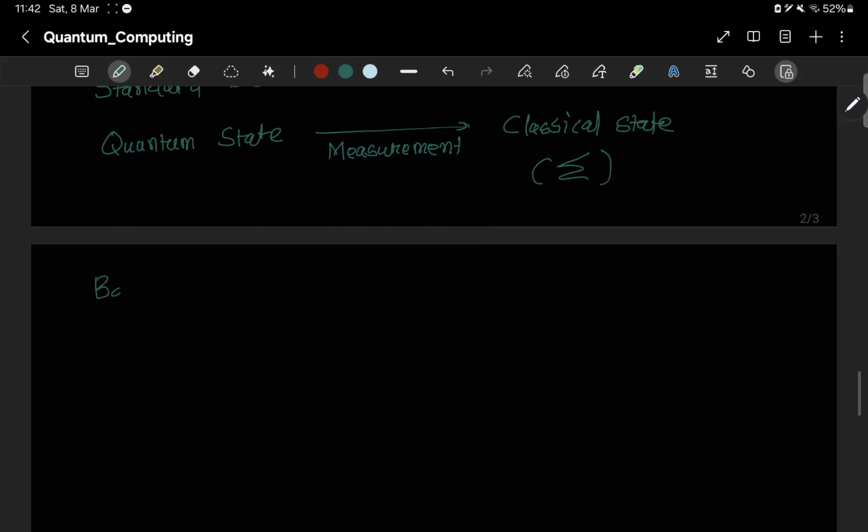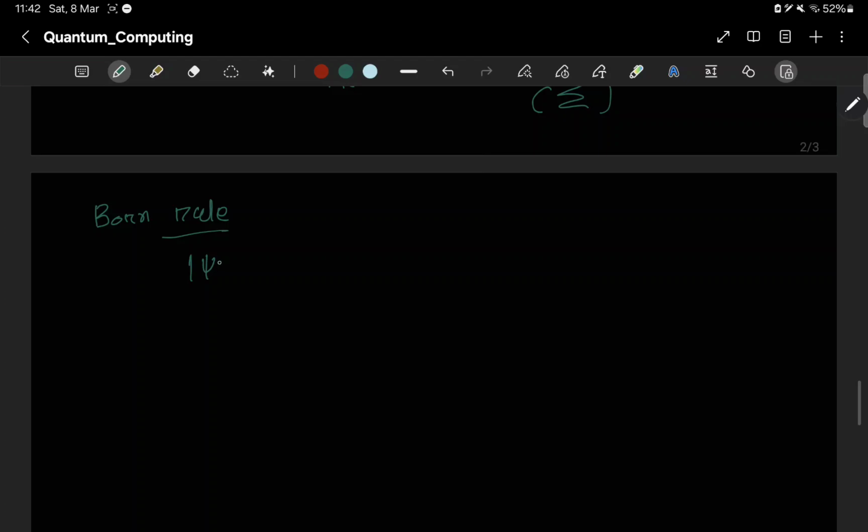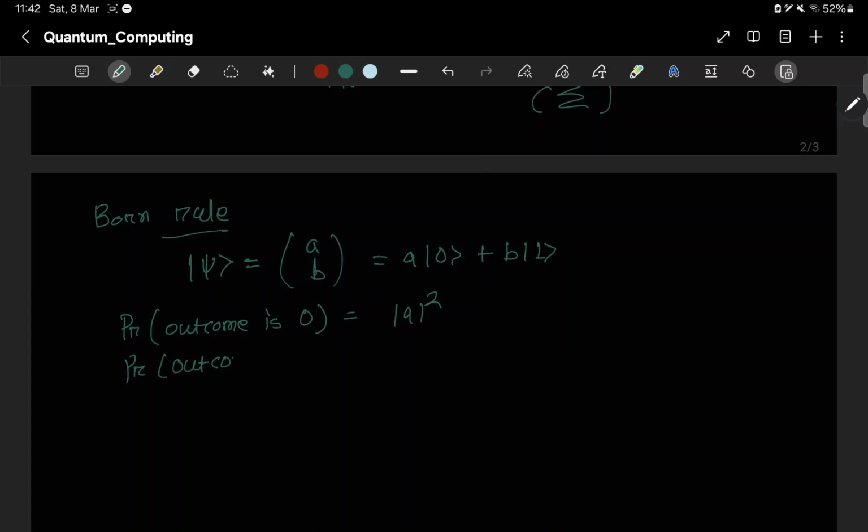So we have a rule called Born rule, which says that, let's say you have a quantum system psi equal to A|0> plus B|1>. This means A is the coefficient of |0>, B is the coefficient of |1>. Then the probability that the outcome of our measurement is 0 is the absolute value of A squared, and the probability the outcome of our measurement is 1 is the absolute value of B squared.